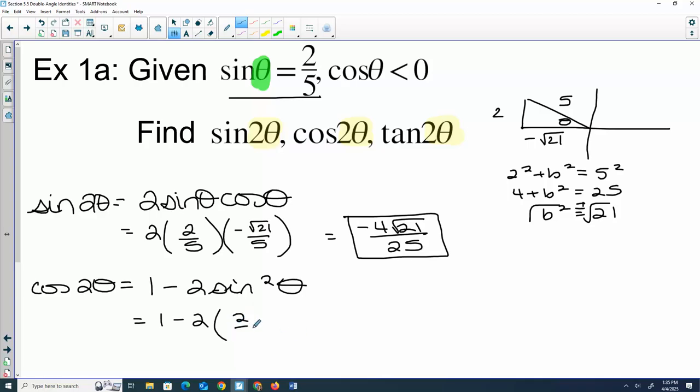So sine was 2/5 squared. Square that, we get 4/25.